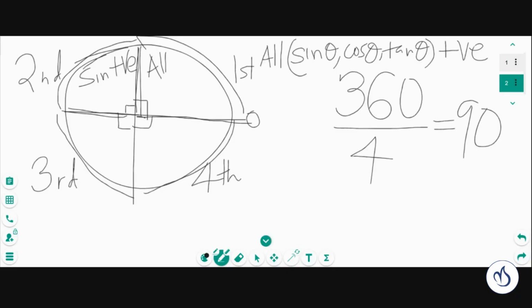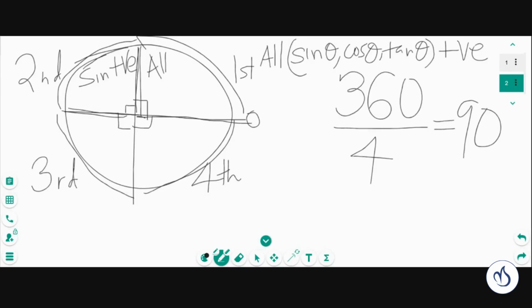Let's all press sine of 120. I am getting 0.58, which is positive. But if I press cos of 120, I should be getting a negative.